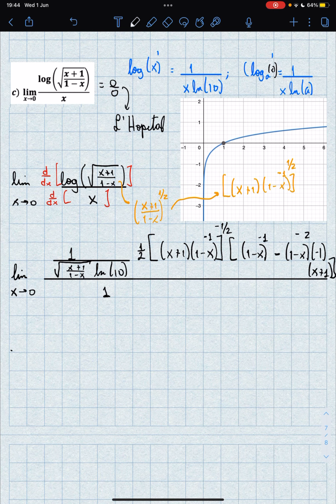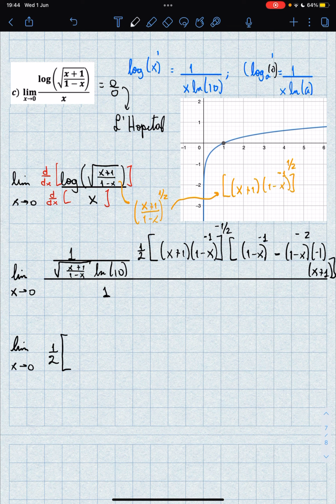Now, at the end, I'm going to have, let me see, we're going to have, okay, so this one goes over here, right? So we're going to have 1/2, right?